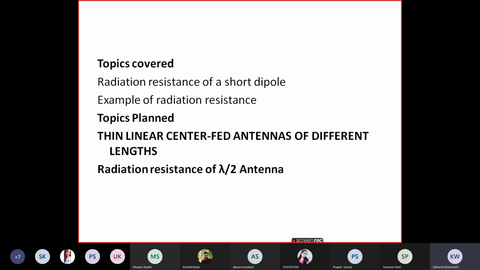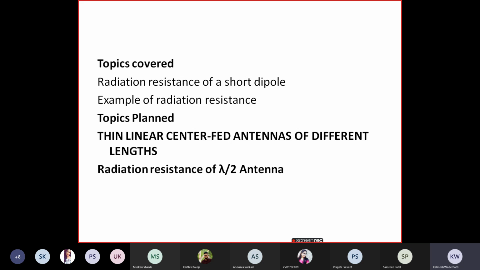The radiation resistance of the short dipole is R_r equal to 80 pi squared into (L divided by lambda) whole squared. After simplification, you can write this as 790 (L/lambda) squared. As L/lambda changes, the radiation resistance will change, for L equal to lambda, the lambda by 2 antenna, or the lambda by 10 antenna.